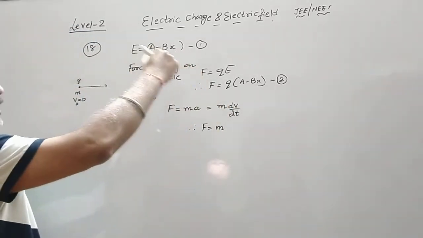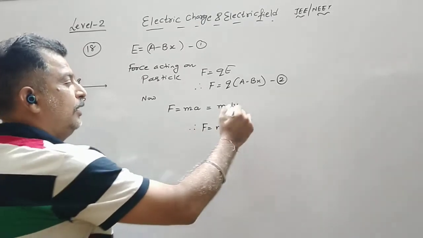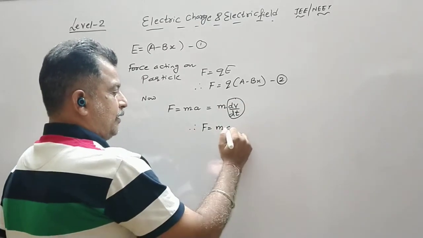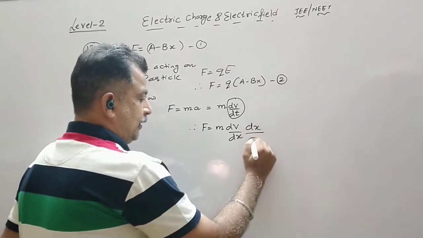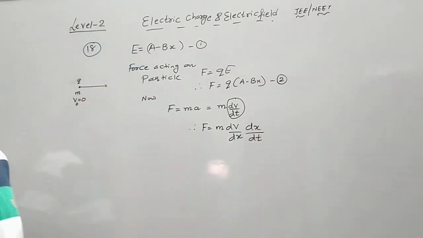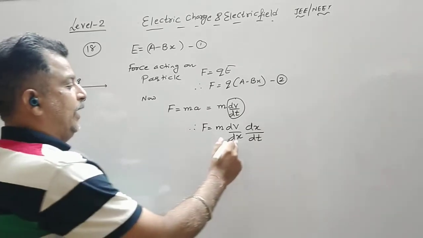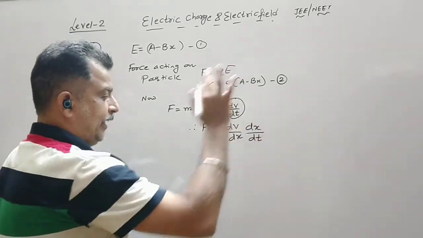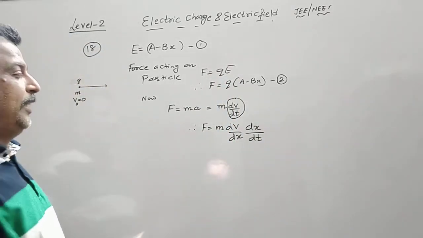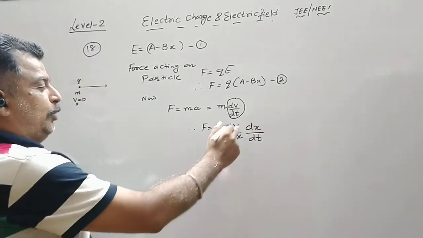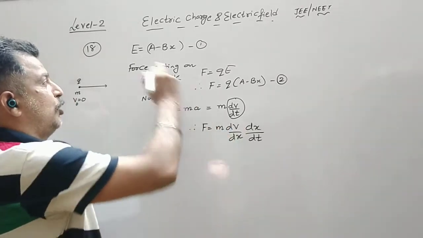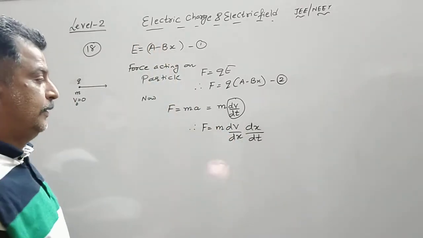E is a function of x, or F is a function of x. So we write this term as dV by dx times dx by dt. It is like dividing and multiplying by dx; the mathematics people know this concept. So we have to find the relation between v and x, because E is a function of x.